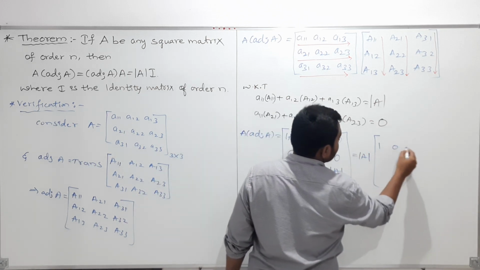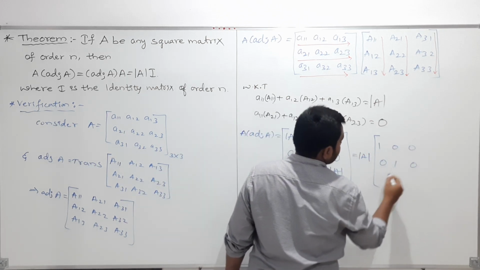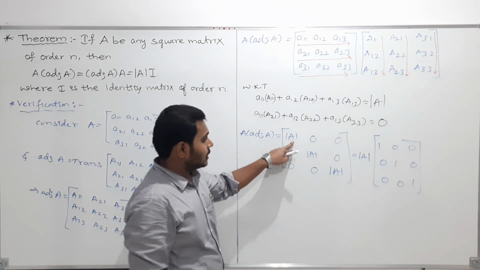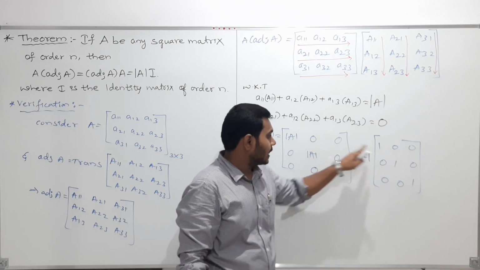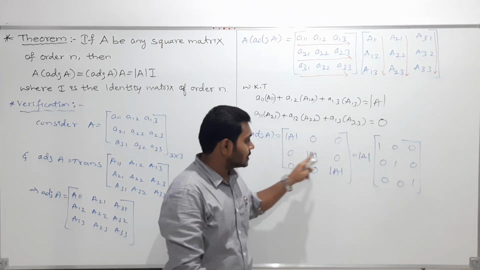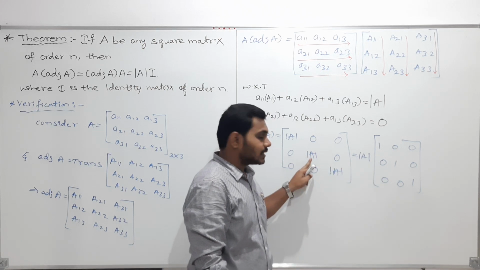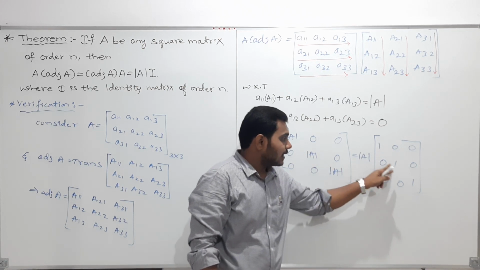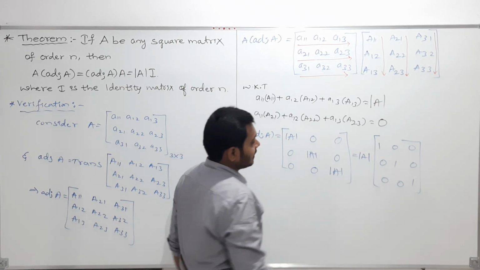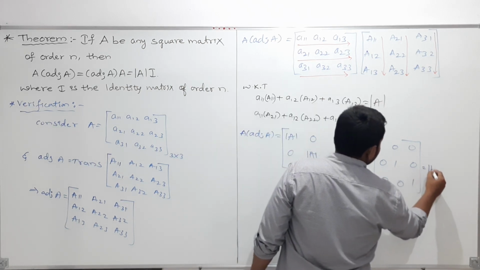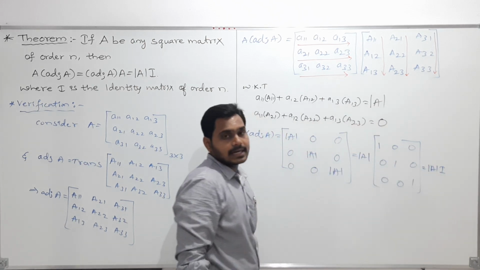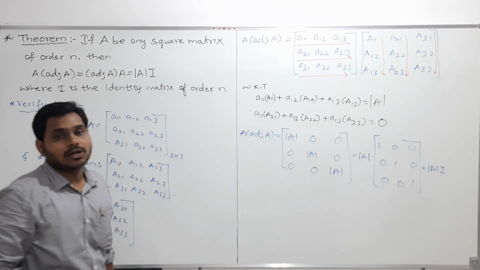So here it is 1 0 0, 0 1 0, 0 0 1. Because if I take determinant of A common, 1 remains, and in the remaining places 0 is there. So therefore this can be written as determinant of A into the identity matrix of order 3 cross 3.